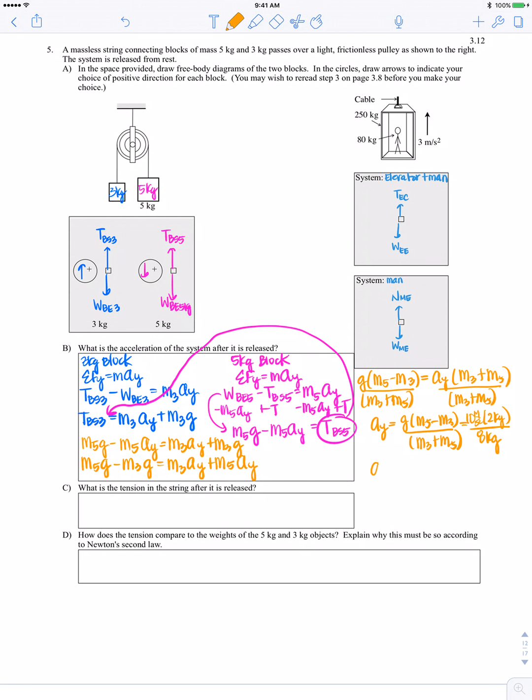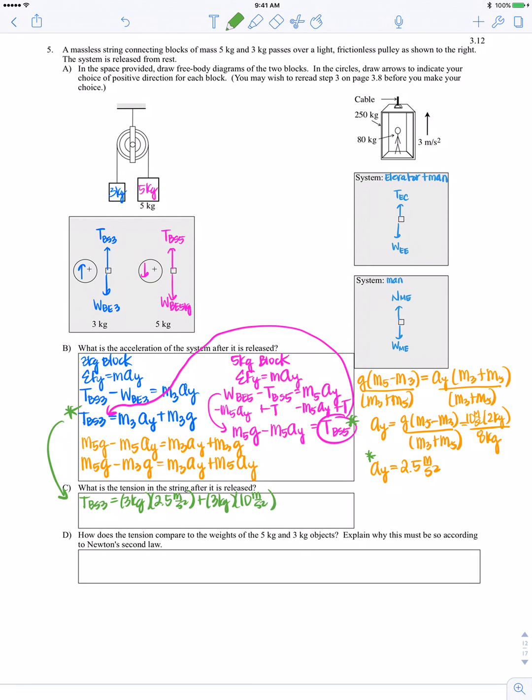Now, in order to answer the question about tension, I can go back and plug this value in for A. I could look at any of my equations that have tension. It doesn't matter, so I'll just say tension equals M3 A_y plus M3 g. So 3 kilograms times 2.5 meters per second squared plus 3 kilograms times 10 meters per second squared.